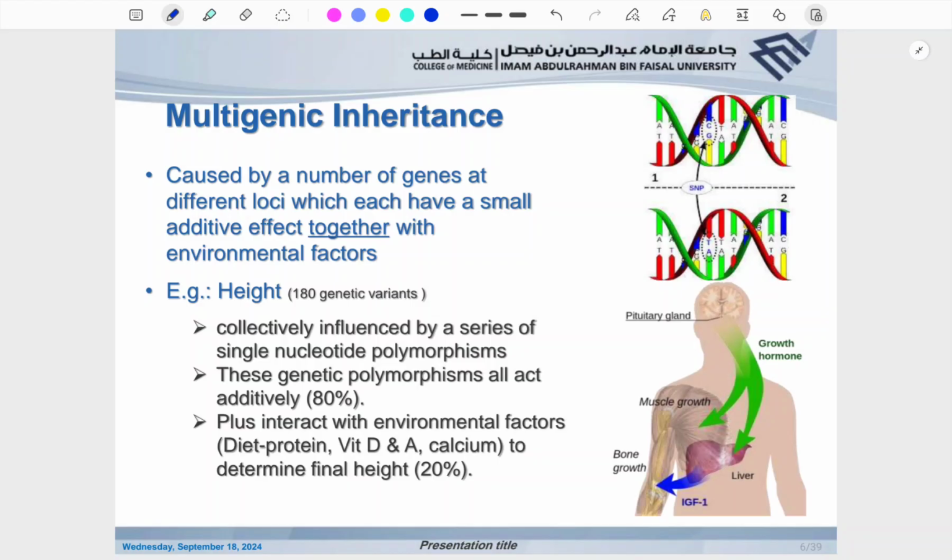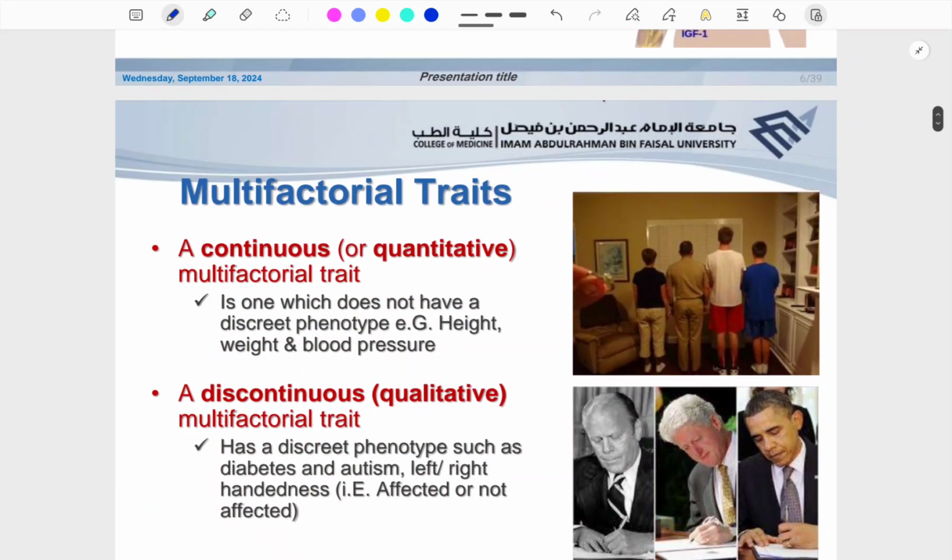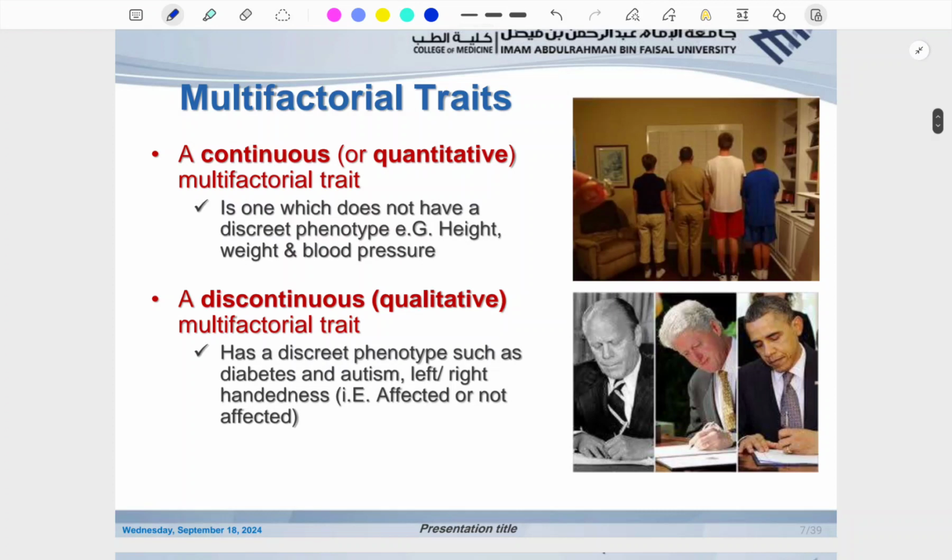A multifactorial trait is said to be continuous, meaning quantitative, or discontinuous, meaning qualitative. Let's see. Quantitative is one which does not have a discrete phenotype. Are all our heights the same? Is there a discrete one?